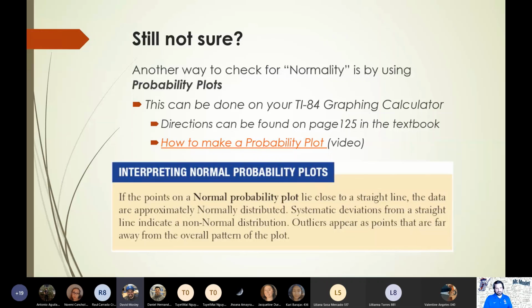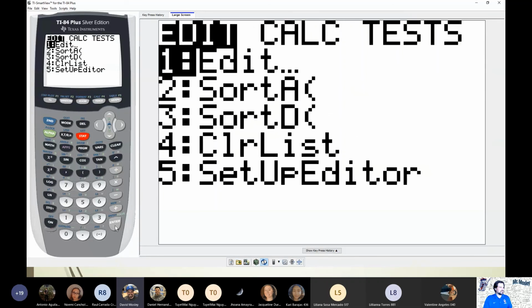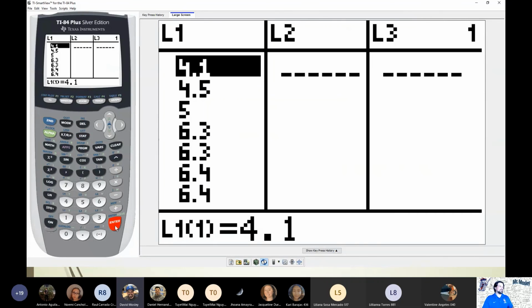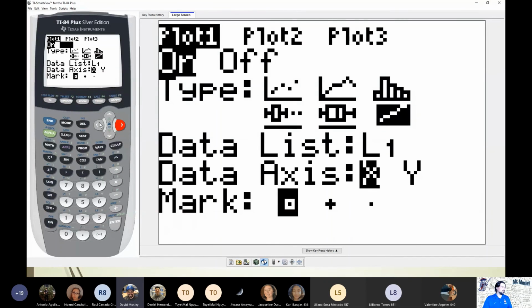What this looks like on the calculator is, suppose we've put in a set of data. Here's our set of data. And we've been going through our stuff. We're like, okay, well, let's see what this thing looks like. We're going to plot. Make sure it's turned on. Okay. And let's say, okay, let's make our histogram.